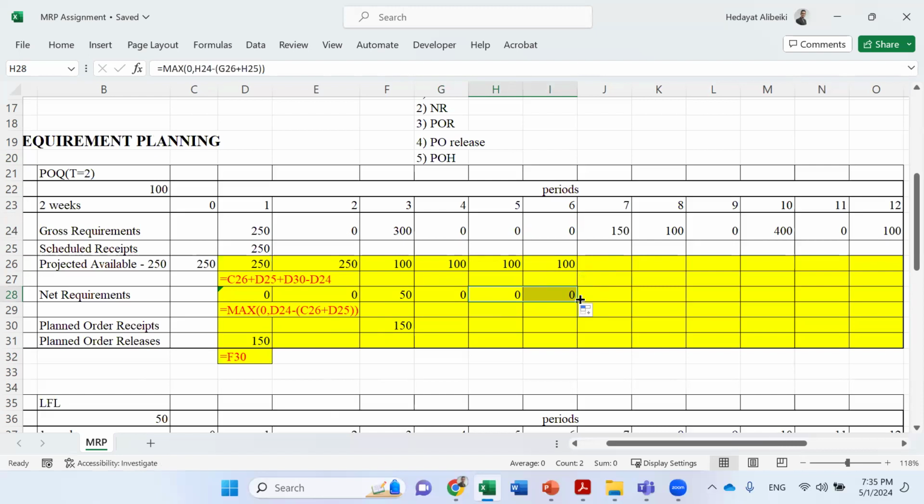Okay, for week 7 now. If I have 100 units in stock, the net requirement is 50, and I add the safety stock of 100, so it will be 150, right? Except that I have a need for an additional 100 units. So 100 plus 150, 250 in week 7.